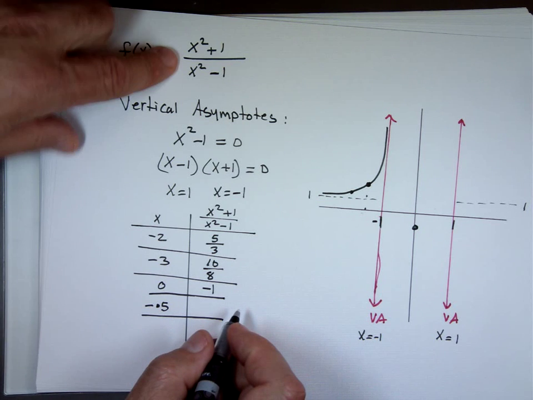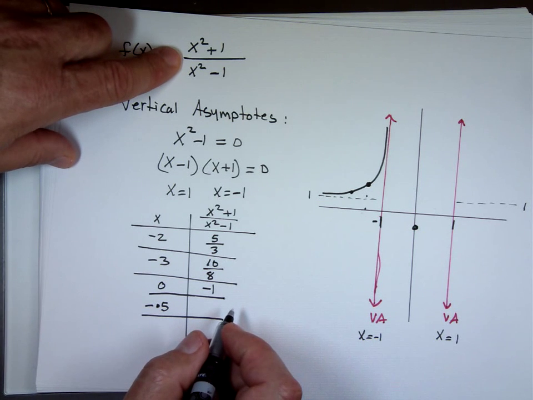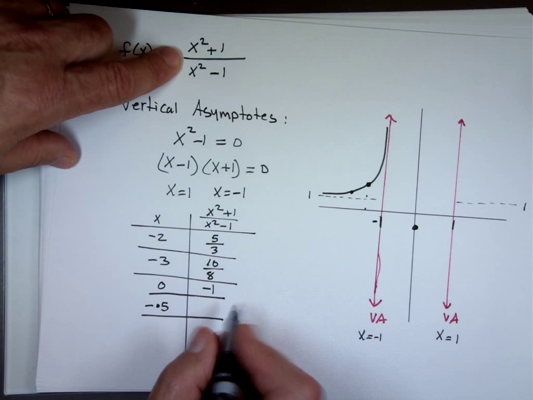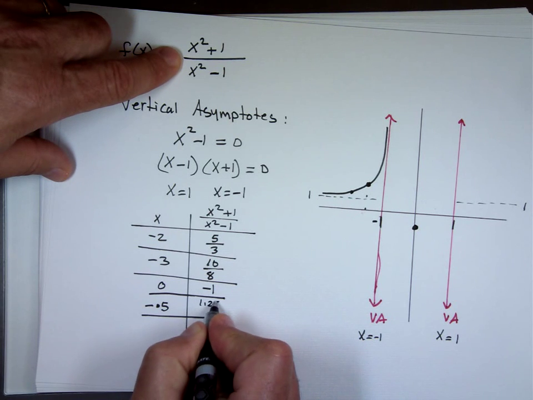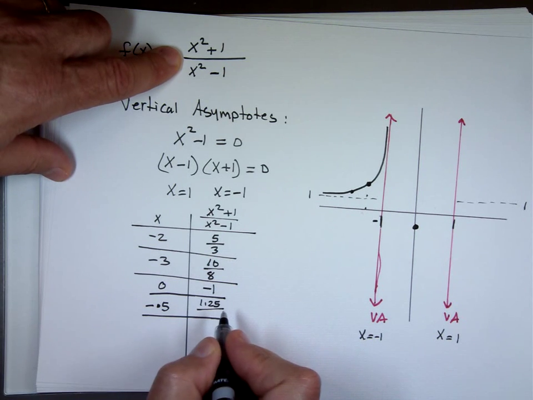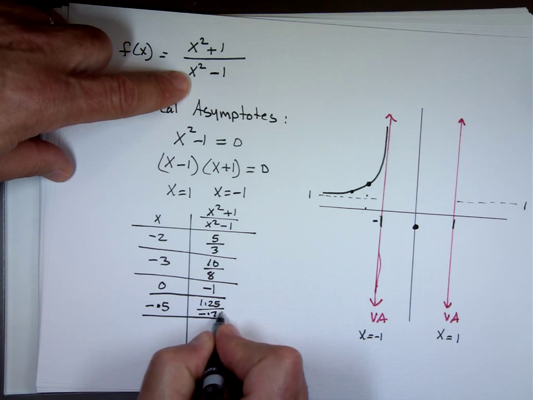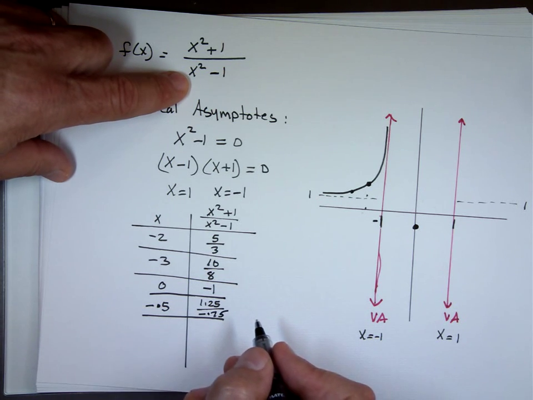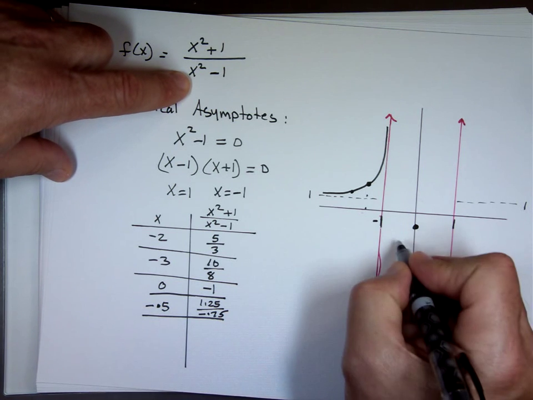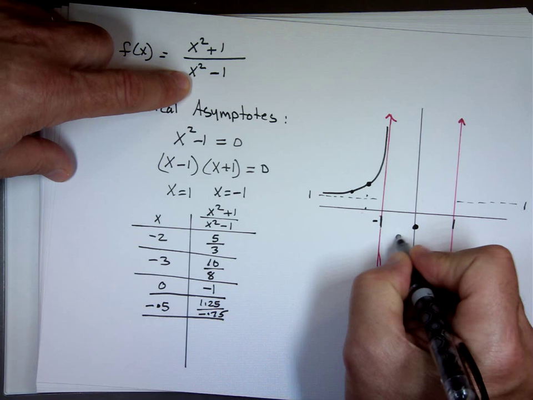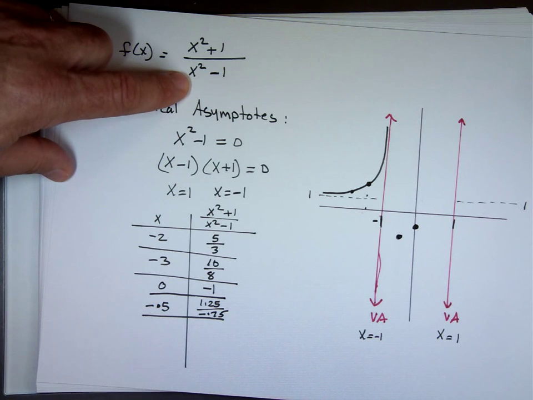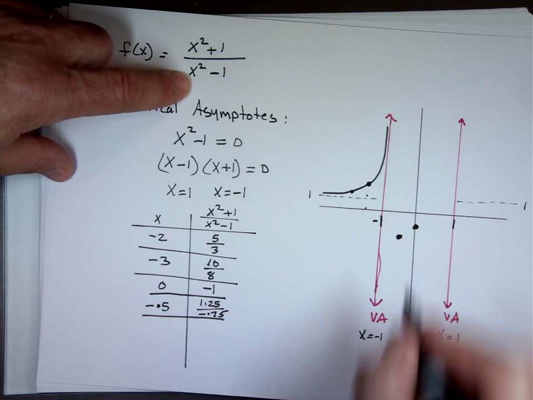Squared, that's 0.25. 0.25 plus 1 is 1.25 over 0.25 minus 1, negative 0.75. What is that number? That's probably more than negative 1, so it's down here. It's a negative number. So I know my graph is looking like this on this part.